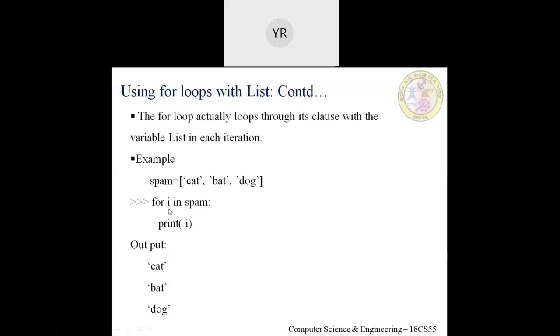Here i represents the element or item present in the given list spam. So print i is not indexing here, i directly represents the element, so it will print cat, bat, and dog. So there are two methods: one is with for i in spam, the list we have given here, and the other is with the range function.